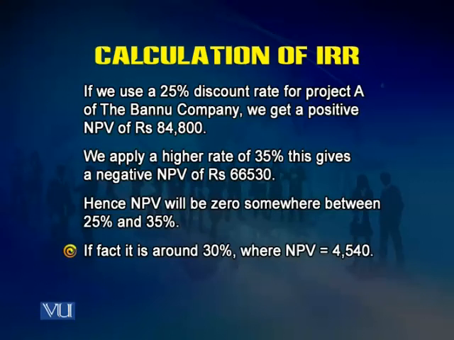In fact, at 30%, the NPV is 4,540. We said that if the NPV is a small number compared to the other numbers at 25% and 35%, then we can use that as an approximation, and we don't have to get right down to the exact NPV of 0.